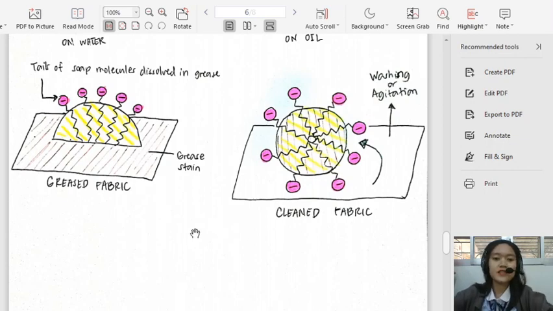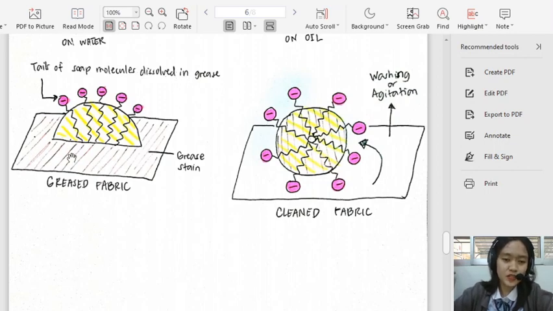Okay? So, for example, meron kayong fabric, greased fabric, or a fabric na nalagyan ng oil. No? So, ngayon, gusto nyo siyang sabunan. Gusto nyo tanggalin yung grease sa fabric. So, lalabhan mo siya, di ba? So, nangyayari doon, yung maliliit na molecules ng soap, okay, yung kanyang tail will be dissolving doon sa grease.